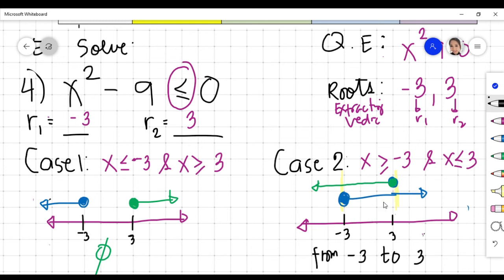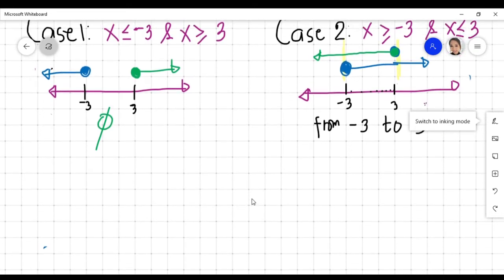So the solution set would be starting from negative 3 up to the numbers here to positive 3. So let's graph that one on one number line.